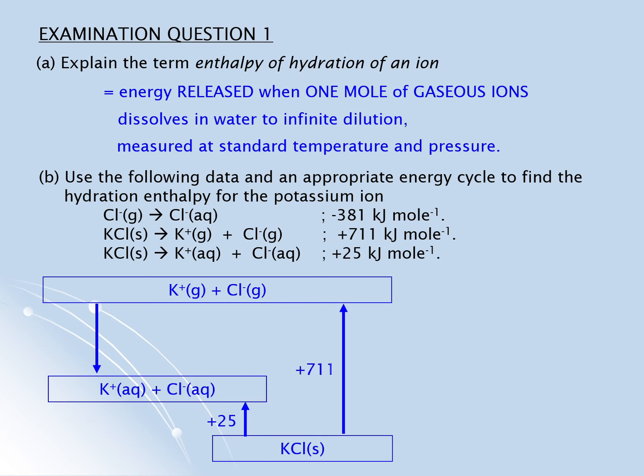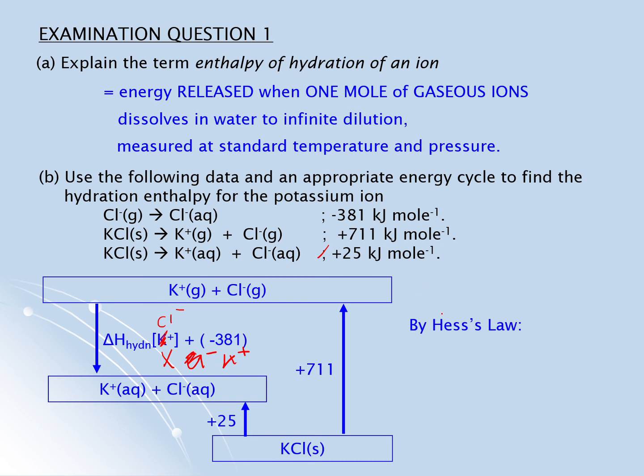So we fill in our values. We've got all the values bar one. Sorry, that's wrong actually, that should be a chloride ion. So the only one that we're missing is the potassium ion hydration enthalpy.